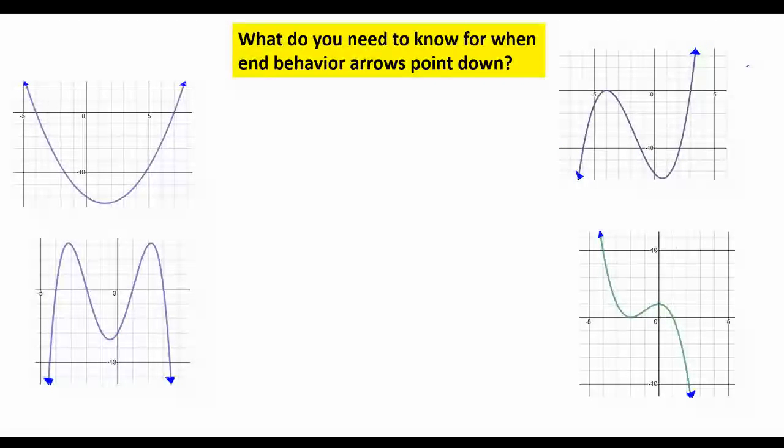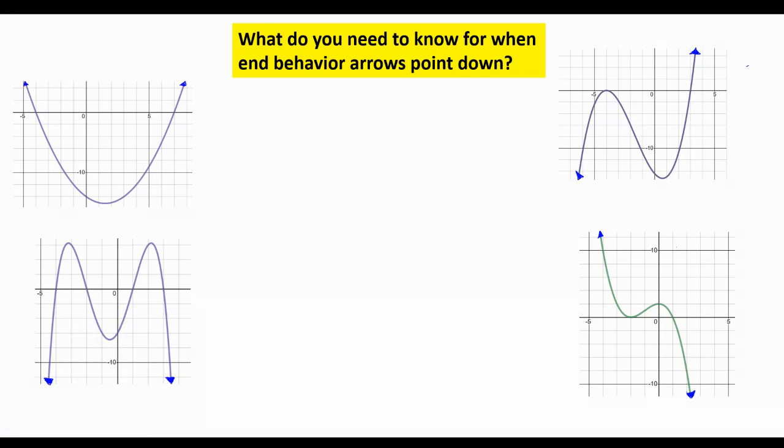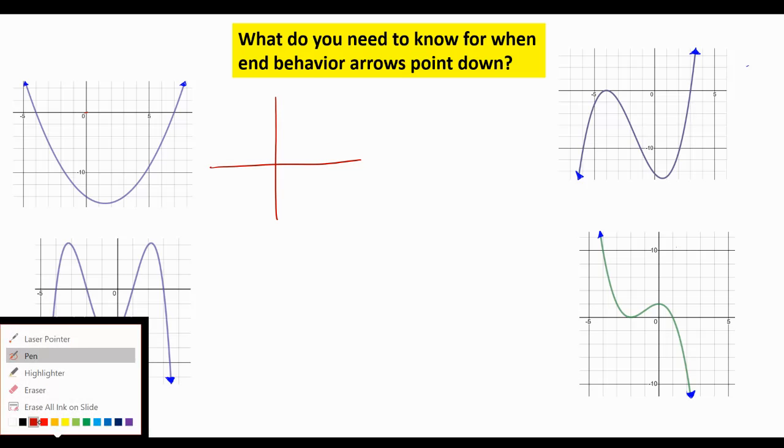Okay, so these are the 4 graphs that I want you to draw. You can notice where the 0 is at. Right, so here's the middle of the graph, 0, 0. And then this is for what do you need to know for when end behavior arrows point up or down, and specifically down. So just on your paper, so you went like this, right? So just draw a quick picture.